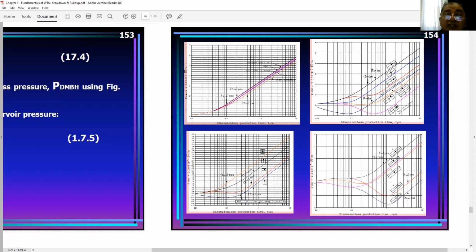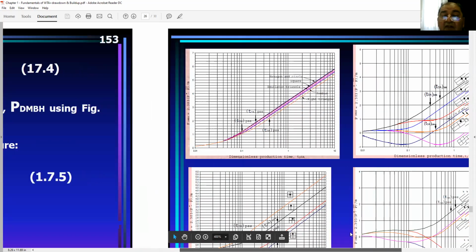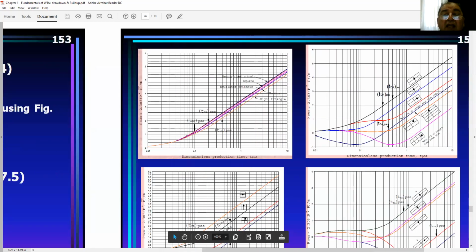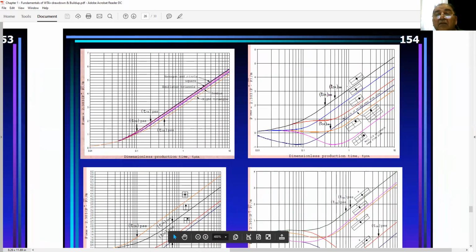If it is circular, you can come here. This is the circular and hexagonal, the first part, then square, equilateral triangle, right triangle. If it is not here, you can come to the second plot, this is rectangular, and here is another rectangular.